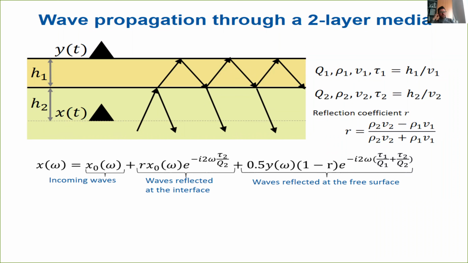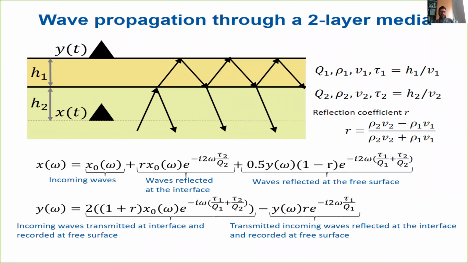So if we now describe the wave propagation, things are slightly more complicated than before. And if we complicate further with many layers, probably we cannot follow an analytical solution anymore. We have to rely on numerical solutions.